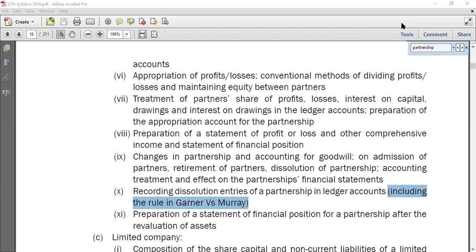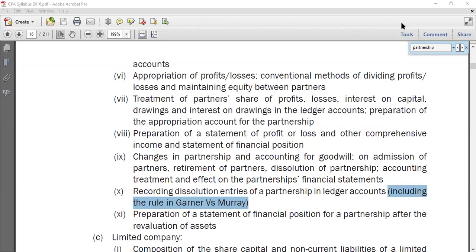Okay? In the event of insolvency of a partner, any losses should be shared in the ratio of the last agreed capital balances before the dissolution takes place. So that is what exactly happens.